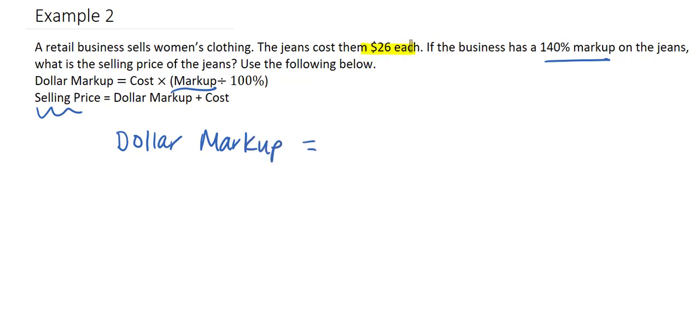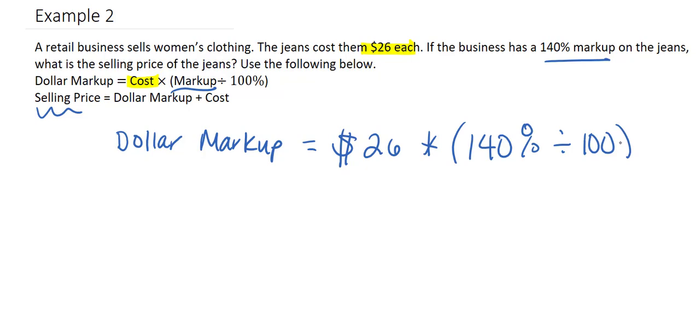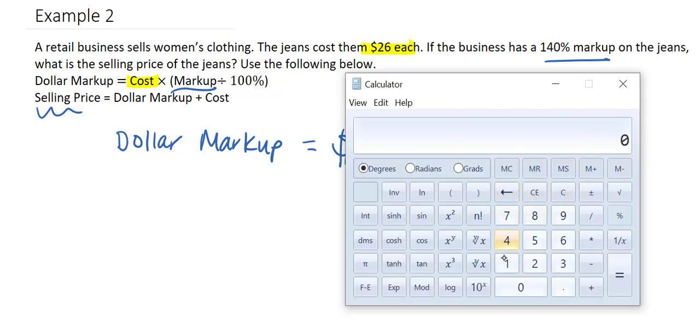So we have a cost of $26 times 140% divided by 100. And then we're going to multiply that by 26, because that's the cost, and we get $36.40.